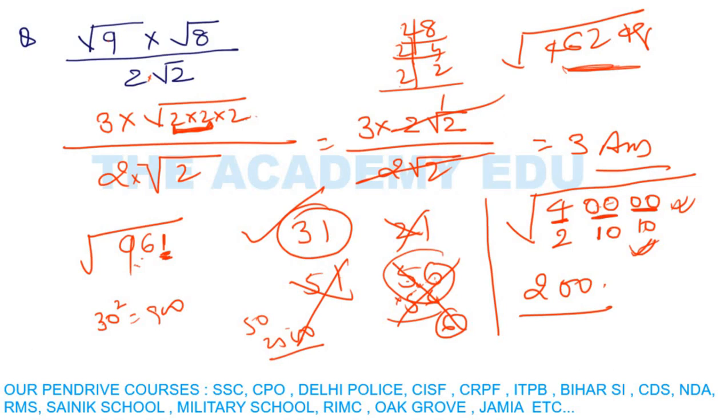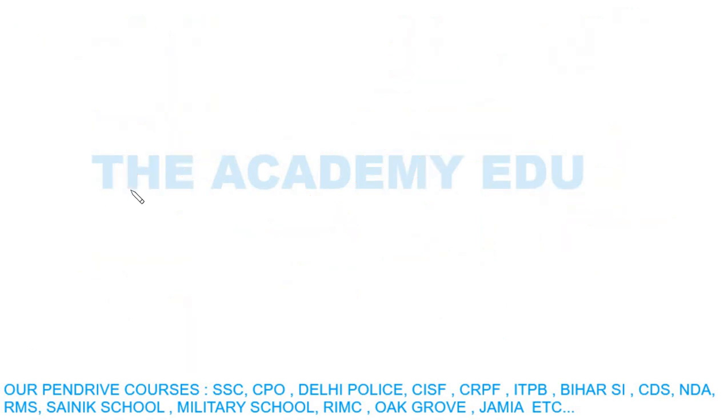Now move to the cube roots. The cube root is similar to the square root. What is the cube of n? N raised to the power 3 means n into n into n. The cube of 1 is 1.